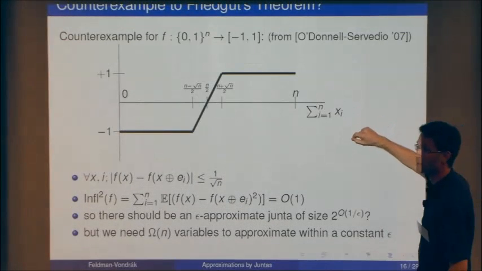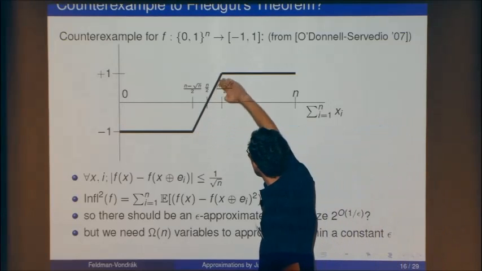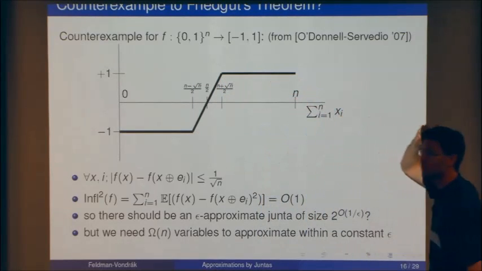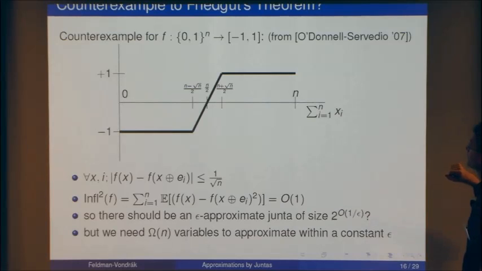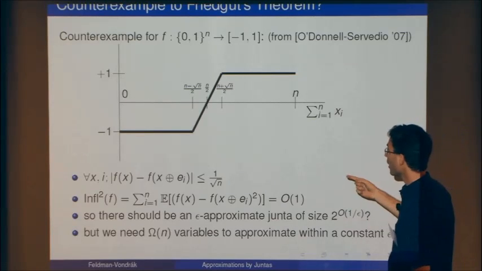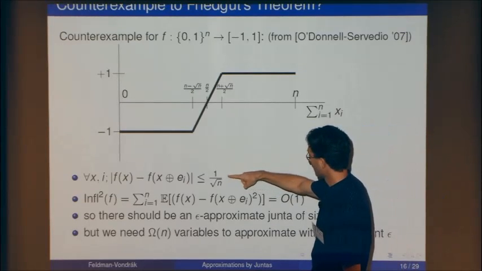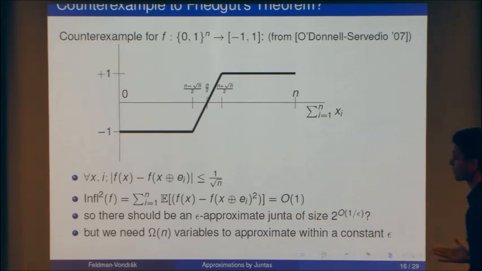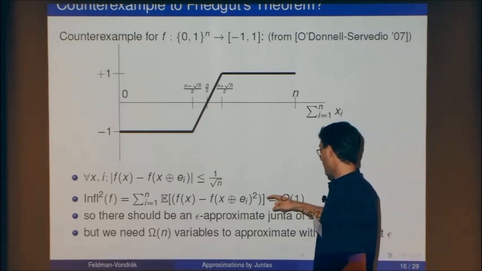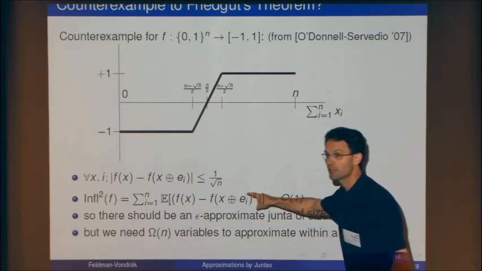It's a symmetric function. It goes from -1 to 1 linearly, and then it stays at +1. Okay, so what's the problem here? The discrete derivatives are essentially 1 over square root n. No variable can change the value by more than 1 over square root n. So when you look at these squared influences, the squared differences are 1 over n.